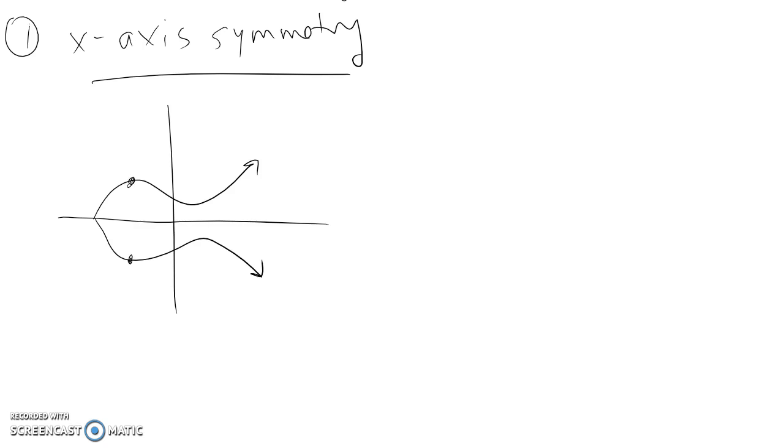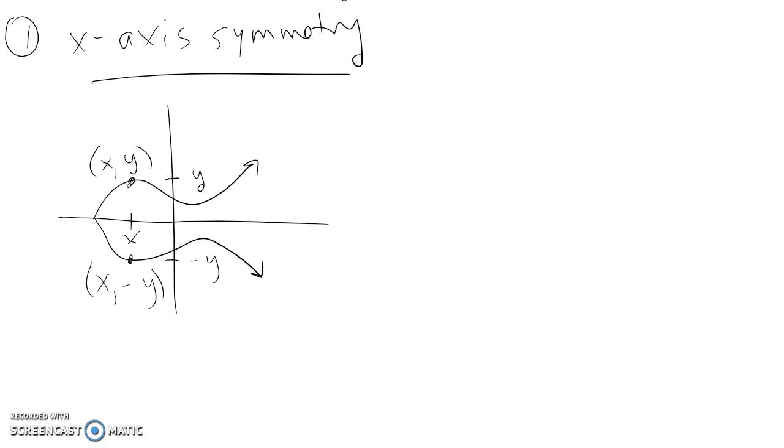If I have points that are symmetric to each other, and this is x and this would be y, the point on the top has coordinates (x, y), and the point on the bottom will have coordinates x, still the same x, but instead of y, the opposite of y.